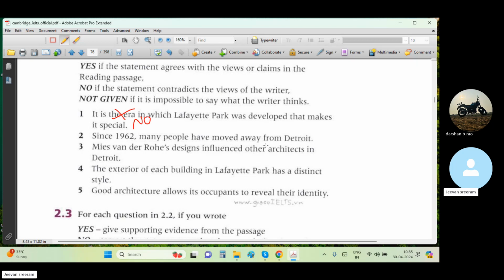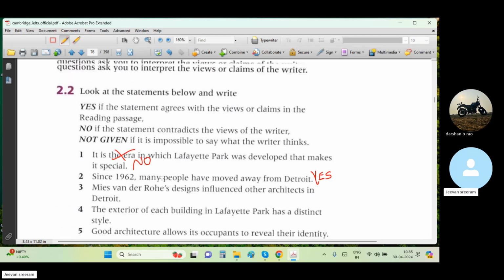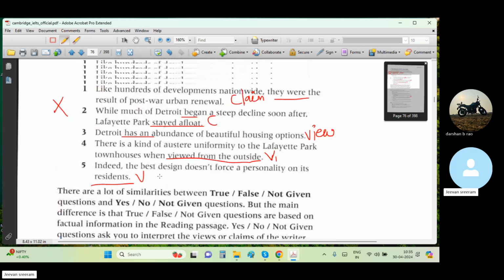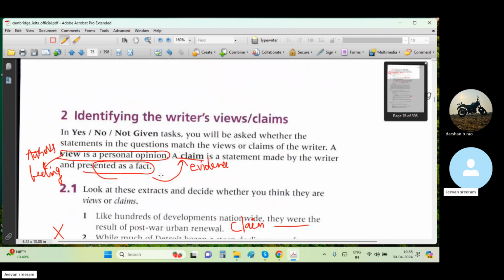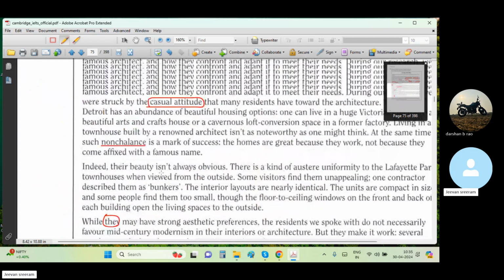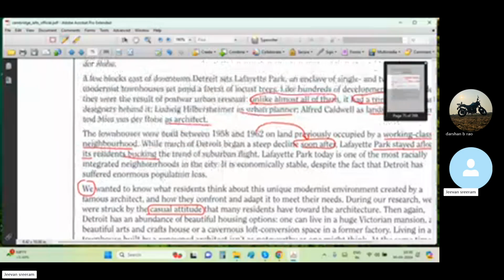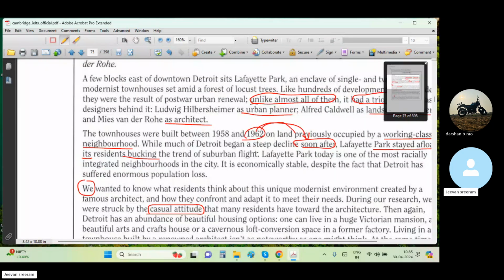Second, since 1962, many people have moved away from Detroit. Is it yes, no, or not given? Yes. We have clearly discussed that after 1962 there was a huge population loss, a steep decline in Detroit, right? Soon after 1962, Detroit suffered enormous population loss.